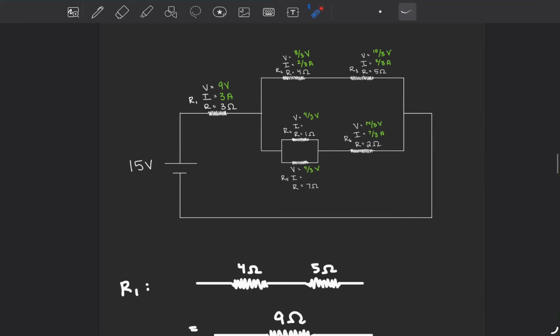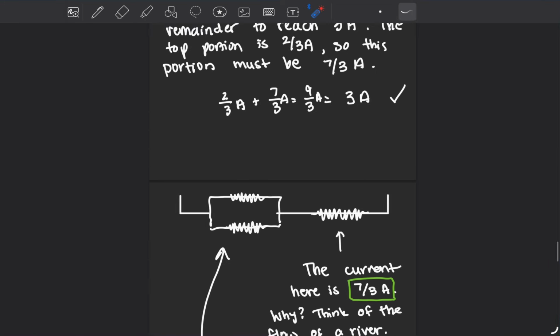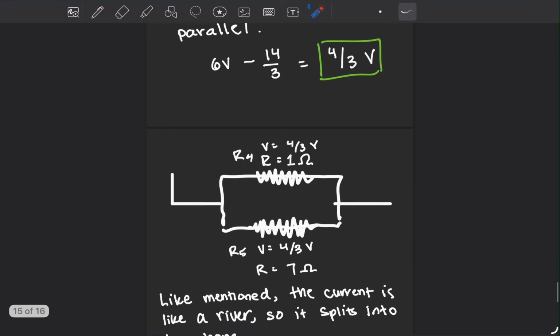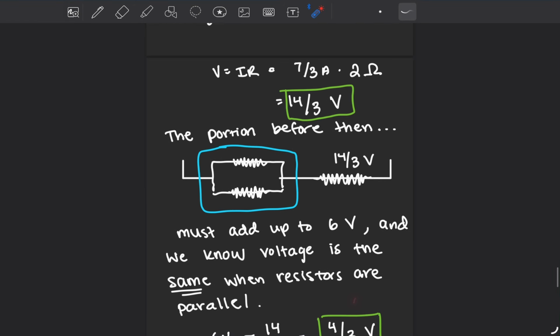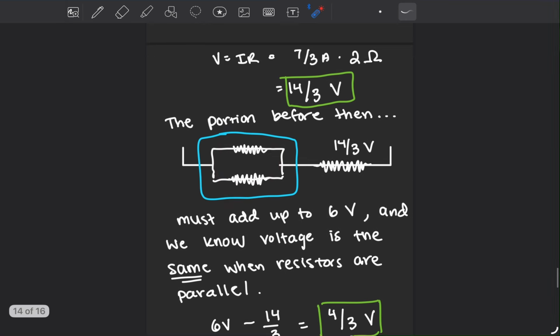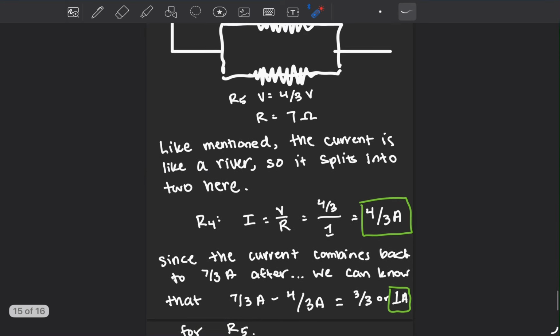And now all we have left to do is figure out the current. Thinking about our little current situation, where it's the same current joining up as one, these two currents are going to equal 7/3 amps.